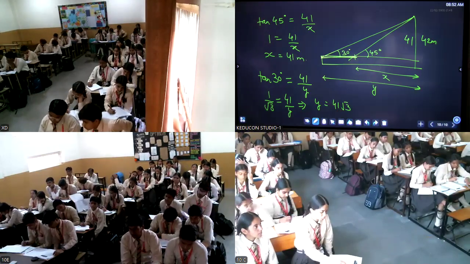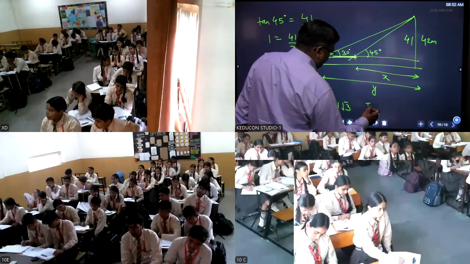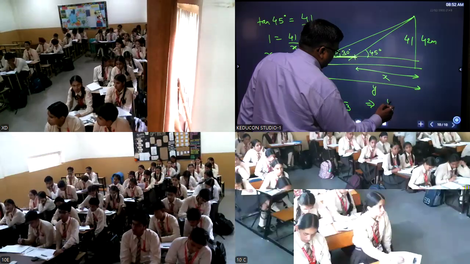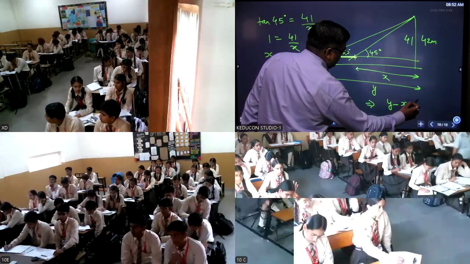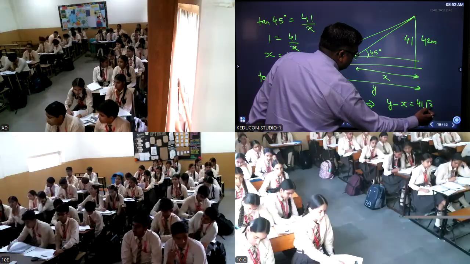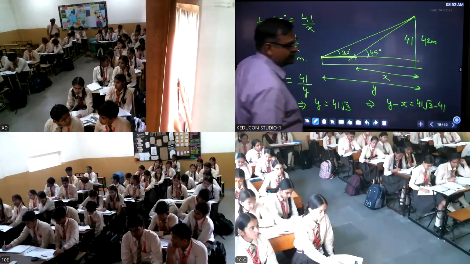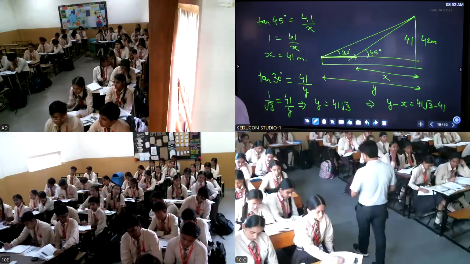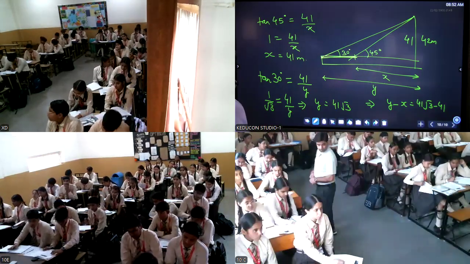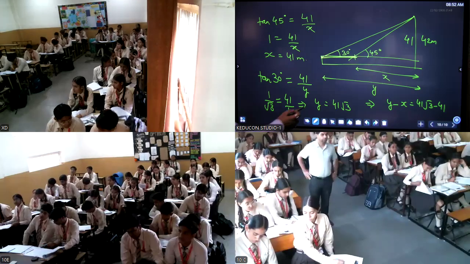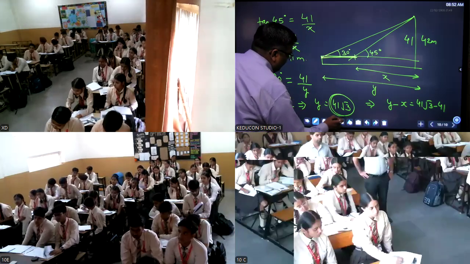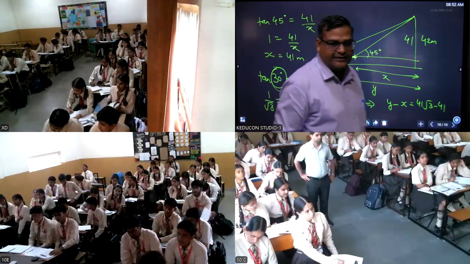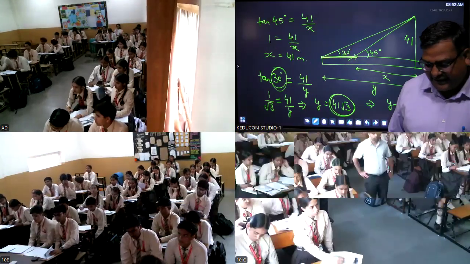So difference कितना आ गया दोनों में? 41√3, y minus x. So y minus x will be 41√3 minus 41. ठीक है, इसको सिंप्लीफाई कर लेंगे तो आपका आंसर आ जाएगा, अगर आप 41(√3 minus 1). और वाला पार्ट देखोगे बेटा तो आपको ये वाला डिस्टेंस गिवन है, तो अगर ये डिस्टेंस है तो एंगल कितना था? 30 डिग्री. ठीक है, इज दिस क्लियर?